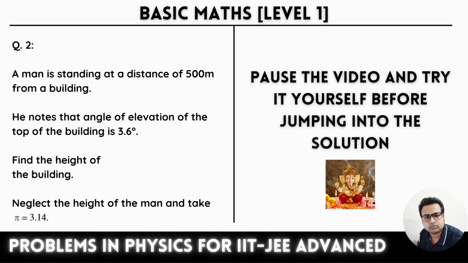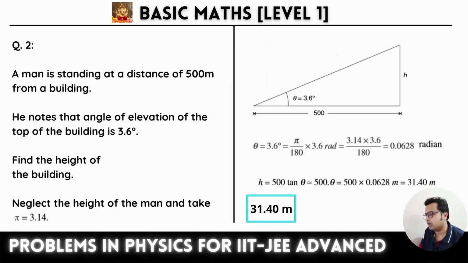I hope you got the solution, because it seems a very easy problem. In case you had any difficulty, let's decode the question. From the problem we can easily see that there is a tower of height h, which is unknown, but the distance of the man from the tower is 500. In the triangle, h is the tower and 500 is the distance of the man.